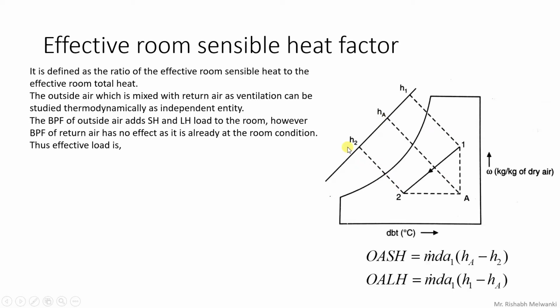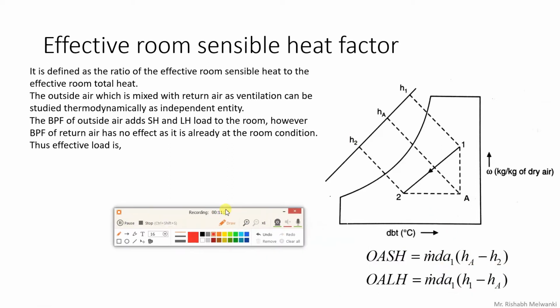Now what will be outside air sensible heat? Outside air sensible heat will be mass flow rate of dry air at point 1 into (HA minus H2). If you observe the diagram, from A to 2 the dry bulb temperature is changing, so HA minus H2 will give us outside air sensible heat.